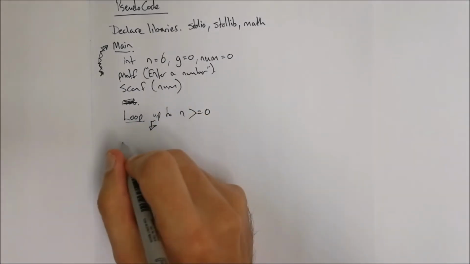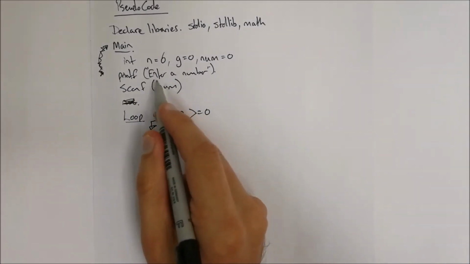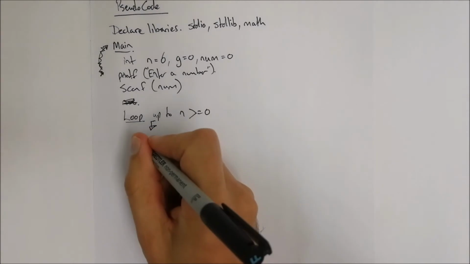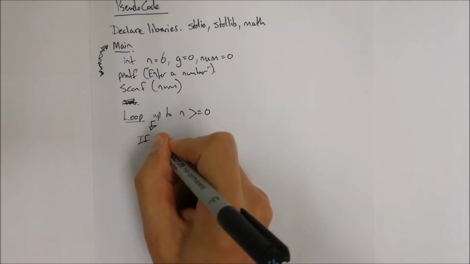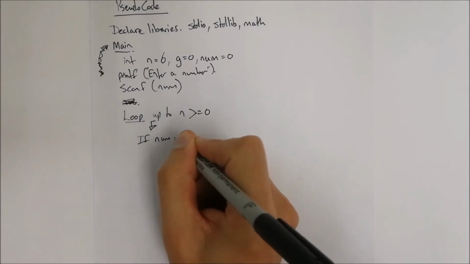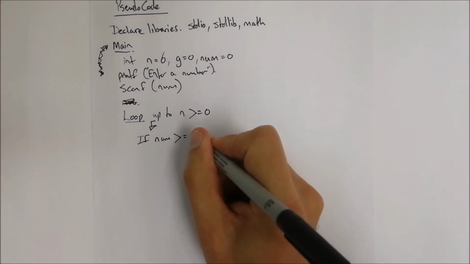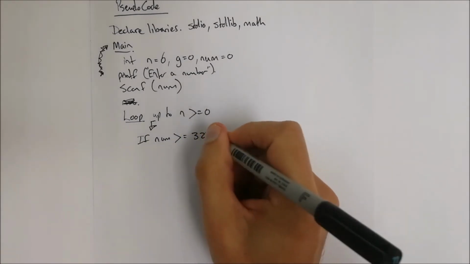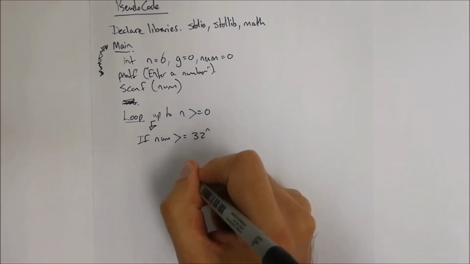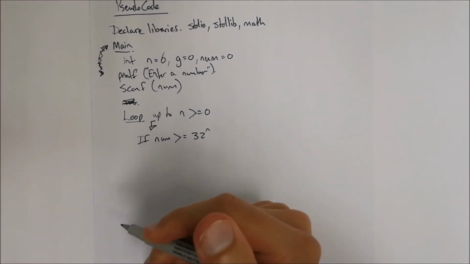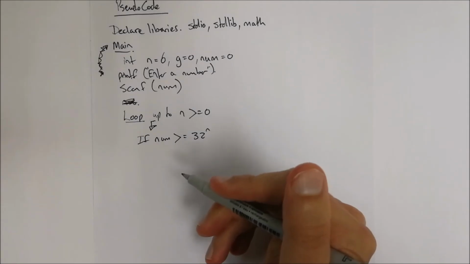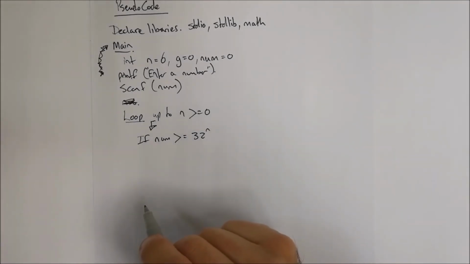Okay, so the user enters the number num. Okay, so if num is larger than or equal to 32 to the power of n, then we know, well, we need to start deducting 32 to the power of n from num. Okay.